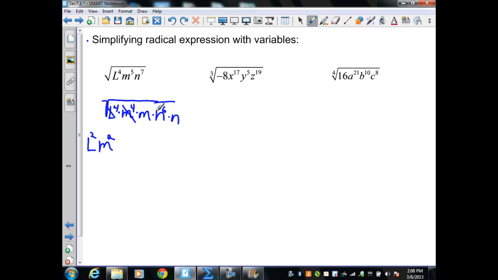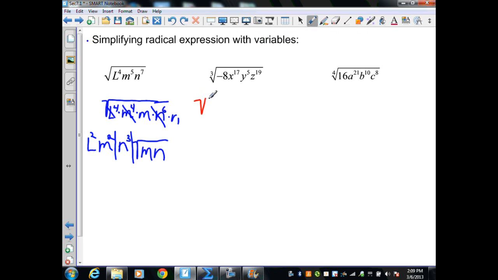And I have N to the 6th, which is going to give me N cubed. N cubed times N cubed is N to the 6th. What's left inside the radical is M N. And my odd exponents will have to be inside an absolute value, as for the property in the previous slide.